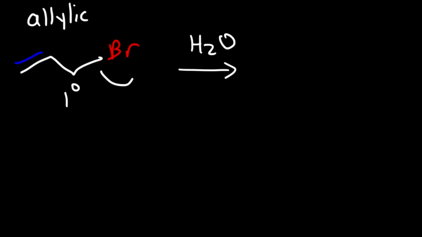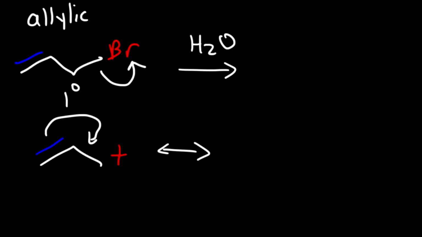Now, once the bromine atom leaves, we're going to get a primary carbocation. But this primary carbocation is stabilized by resonance. This double bond can move here, and so the positive charge is shared between 2 carbon atoms.